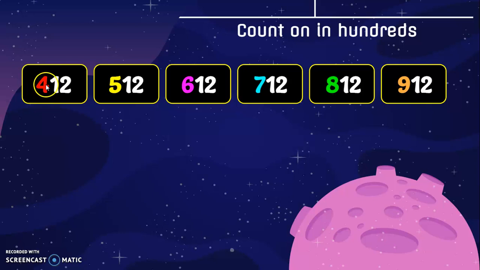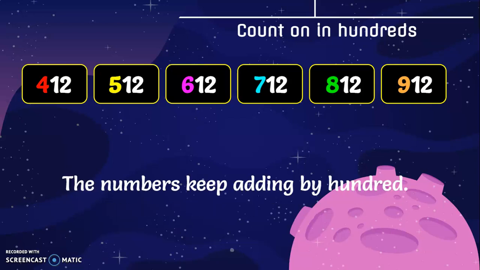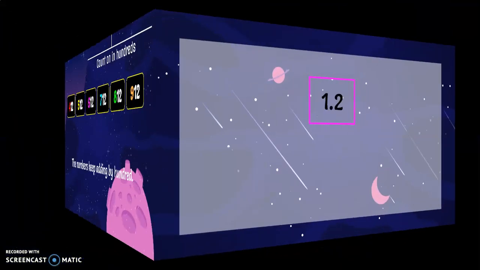So this number is changing by 100. From 400 to 500, from 512 to 612. So this number keeps adding by 100. Thus we said that this number sequence is counting on in hundreds, and the numbers keep adding by 100.